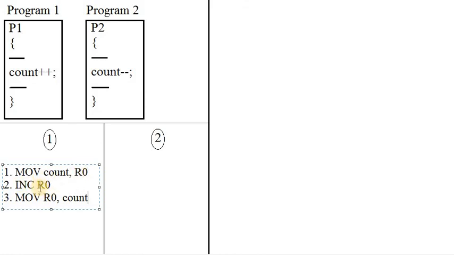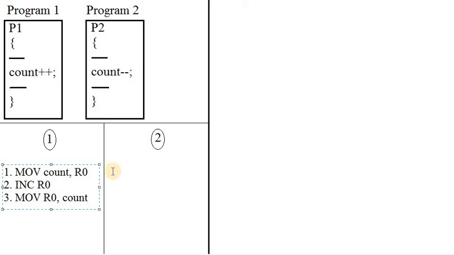That means the special purpose register R0 will be incremented by one, and later the incremented value in R0 will be moved to the count variable, right? This is how you can convert a single instruction like count plus plus into assembly level language instructions. The same thing will happen in program 2 also.